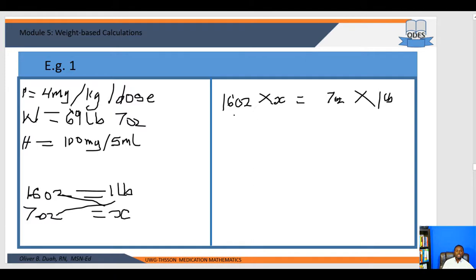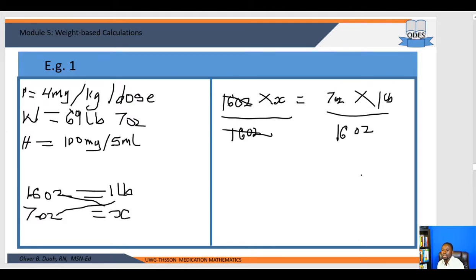To solve for x, let's divide each side by 16 ounces. So 16 ounces, and divide this side by 16 ounces. 16 ounces will cancel 16 ounces, and now we have x equals to 7 divided by 16.